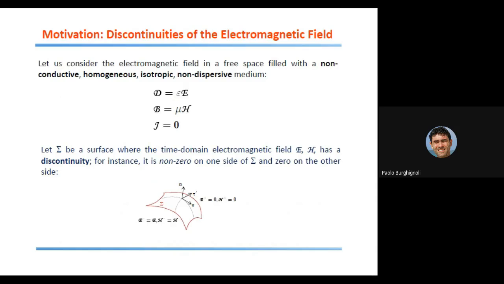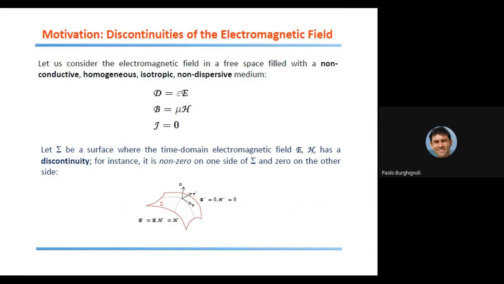In particular, let us consider an electromagnetic field in free space, assuming that the free space is filled with a single non-conductive homogeneous medium, which is also isotropic, non-dispersive, so a very simple medium, which is described by its constitutive parameters epsilon, the permittivity, and mu, the magnetic permeability. Of course, since there is no conductance, the current density J is equal to 0.